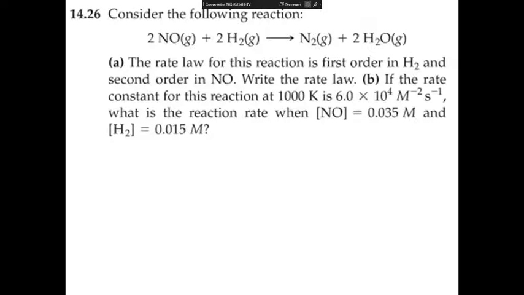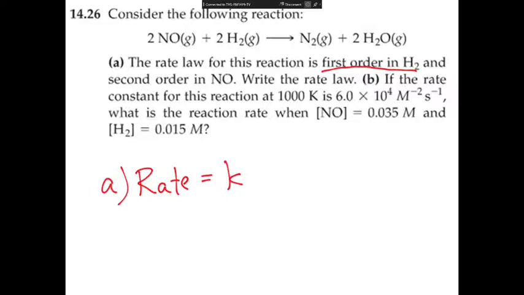It says, considering the following reaction, the rate law for this reaction is first order in H2 and second order in NO. Write the rate law. So we're looking at those words like order. First order in H2 means that when I write my rate law, it's still going to look the same way as any other rate law at first. It's always rate equals K, blah, blah, blah.